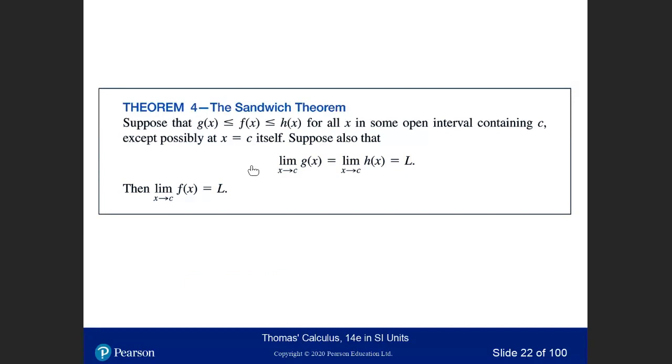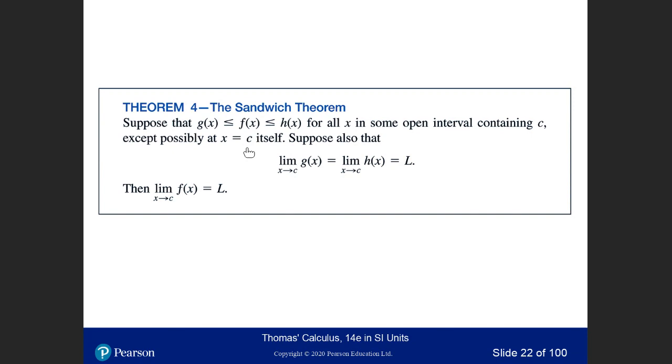Suppose that g of x is less than or equal to f of x, which is less than or equal to h of x, for all x in an open interval containing c. They satisfy this inequality. At x equal to c, this inequality may or may not be satisfied. We don't care.